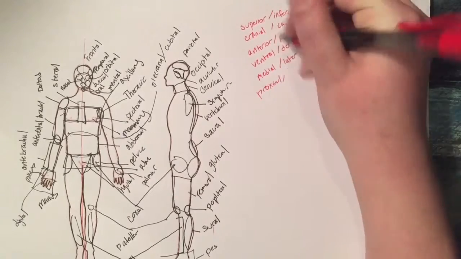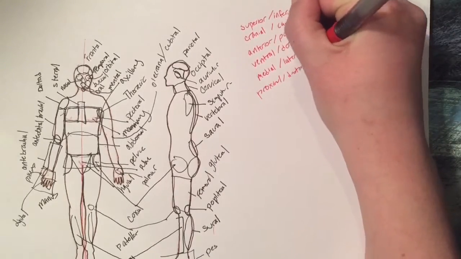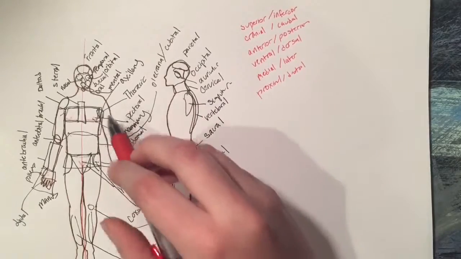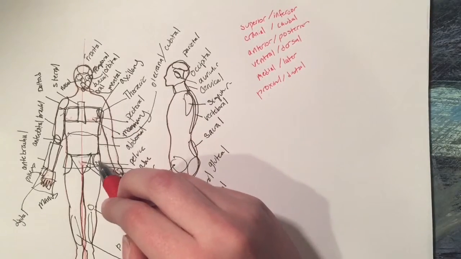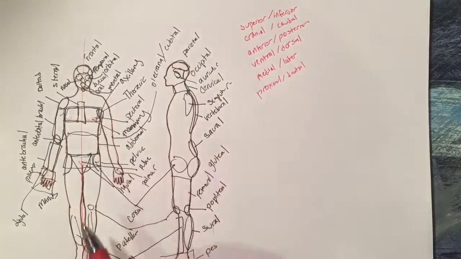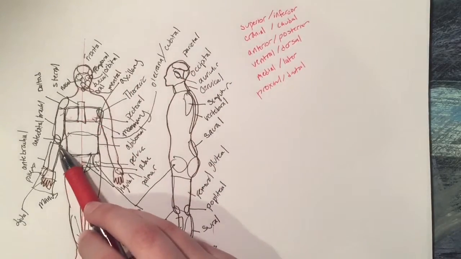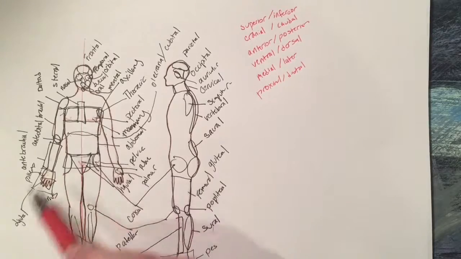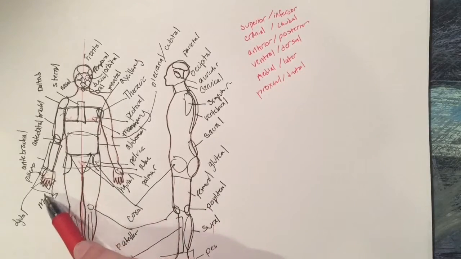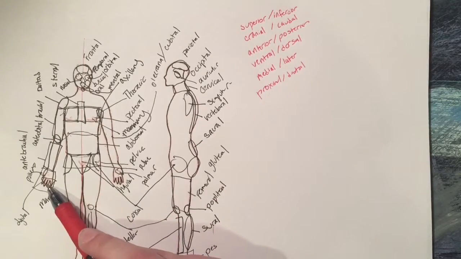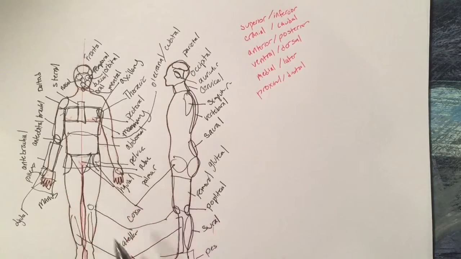Proximal is towards the root of the limb, so towards the shoulder or towards the hip. So coxal is proximal to patellar, and deltoid is proximal to antecubital. And then distal is further away, so your digital is distal to antecubital, and your hallux is distal to your crural.